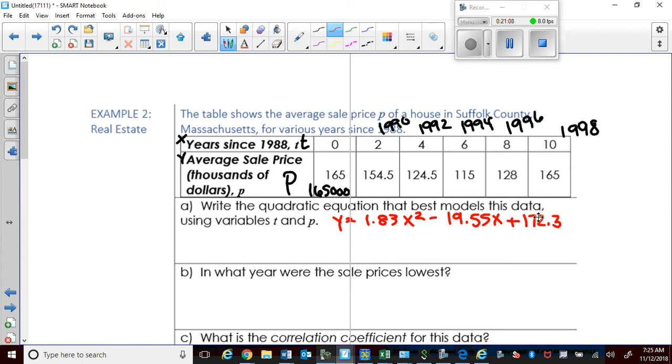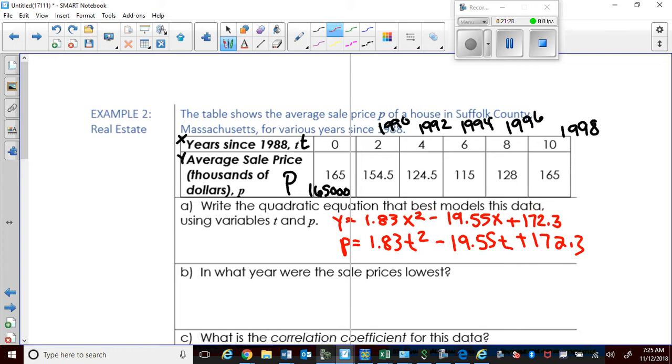T is an X value, P is a Y value. So P equals 1.83 T squared minus 19.55 T plus 172.3. Final answer. That's my answer.